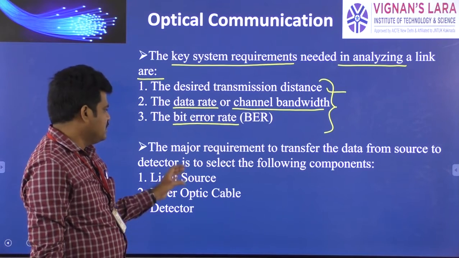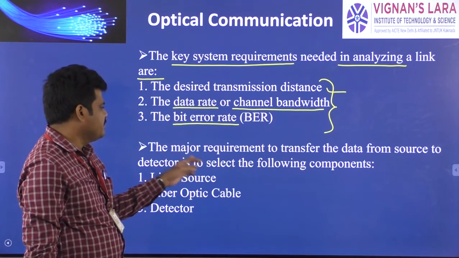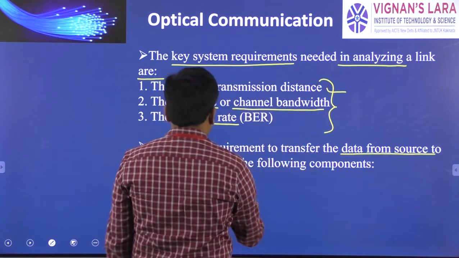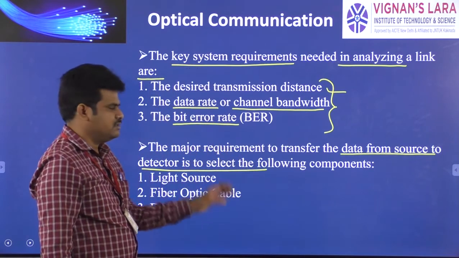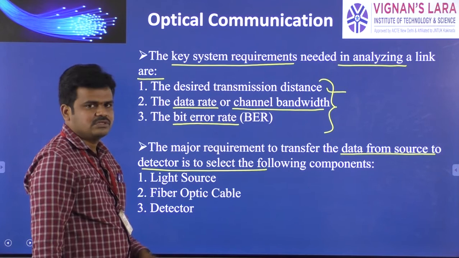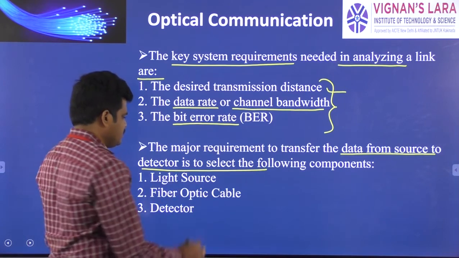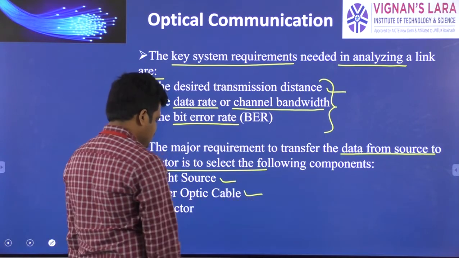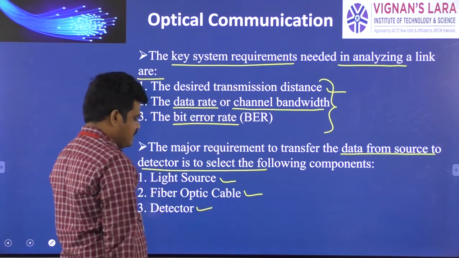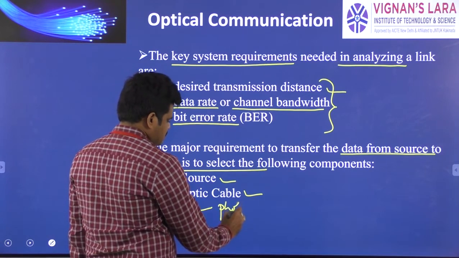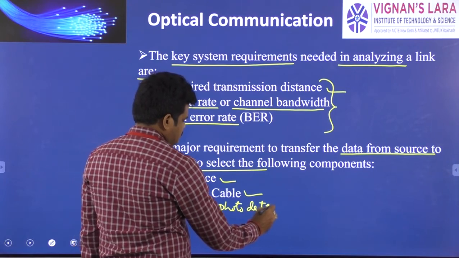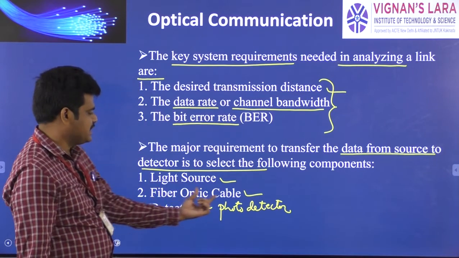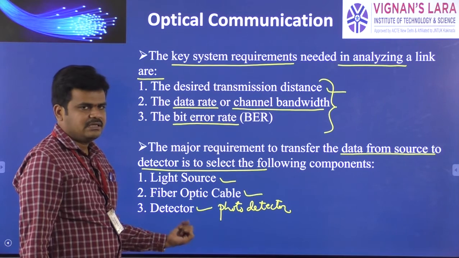The major requirements to transfer the data from the source to the detector are: the first one is the light source or optical source, the second one is the fiber optic cable, the third one is the optical detector or photodetector.